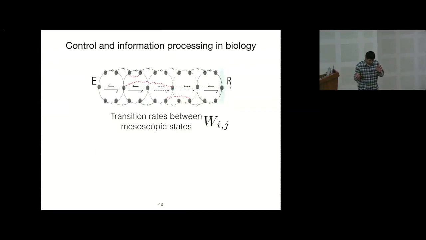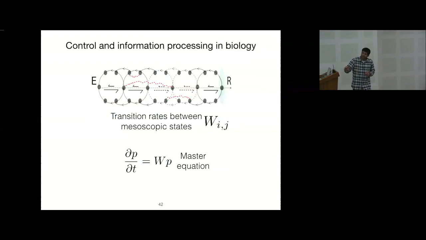Okay, so in order to do this, we can start off with a particular reaction rate network, and let's say you give me the rates of transitions between all the mesoscopic states. So these are the rates that I wrote down. I can construct a dynamical equation where I evolve the probability that the system is in any of these states according to what's called a master equation.